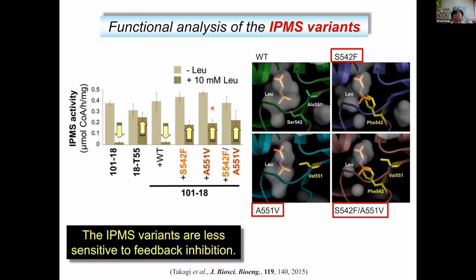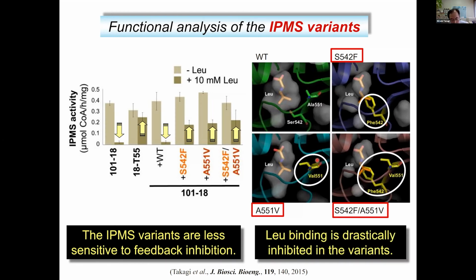Also, the IPMS activity was insensitive to feedback inhibition compared with the wild-type enzyme, leading to leucine oversynthesis. Interestingly, homology modeling of IPMS suggested that leucine binding was drastically inhibited in these variants due to steric hindrance in the cavity.